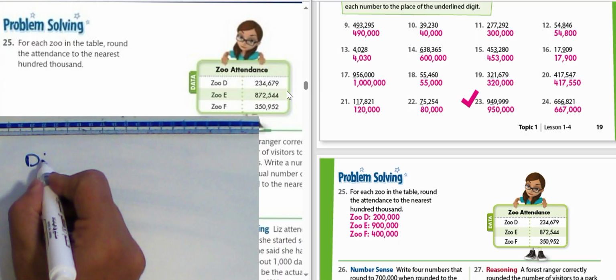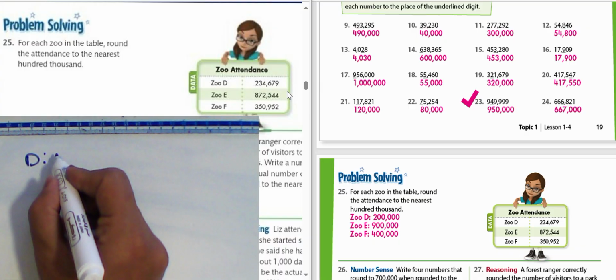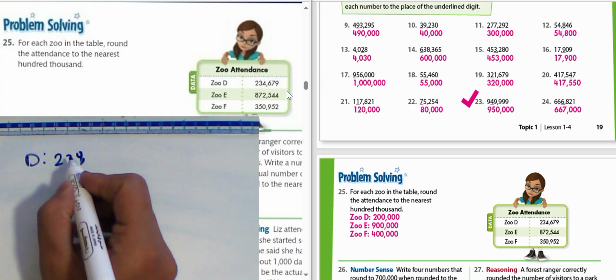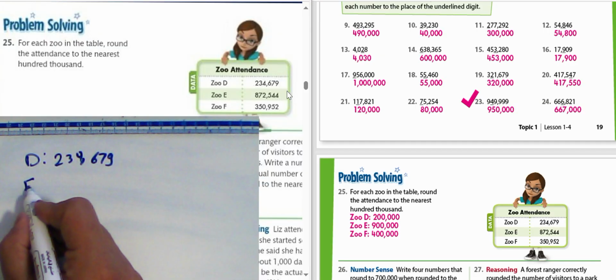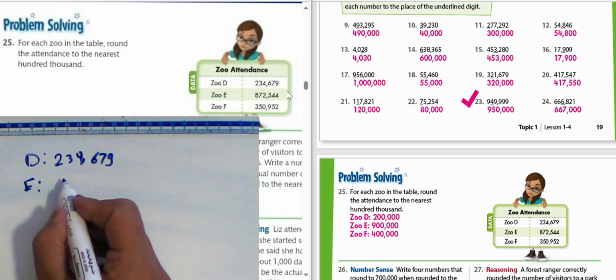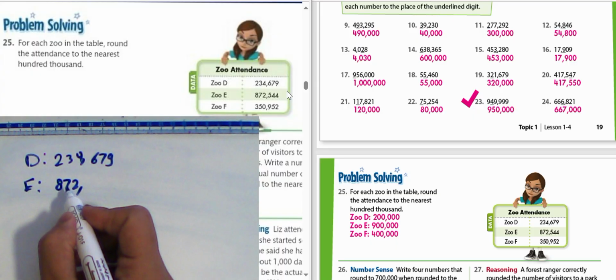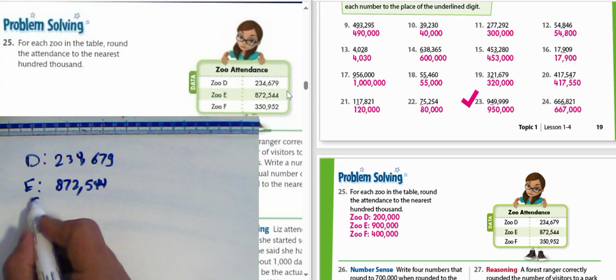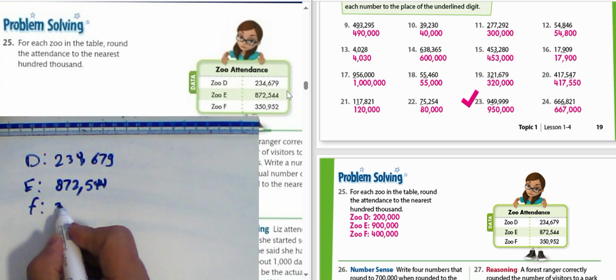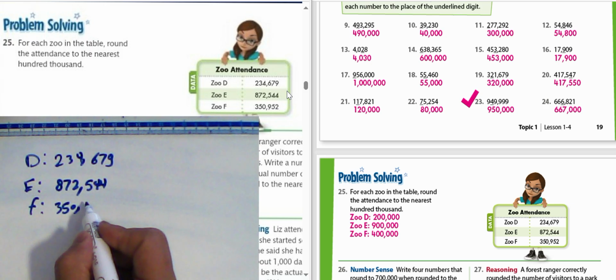Zoo number D, we have 234,679, and zoo E was the number 872,544, and also zoo number F 350,952.